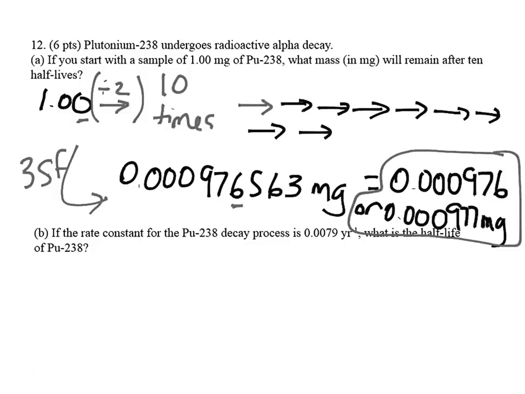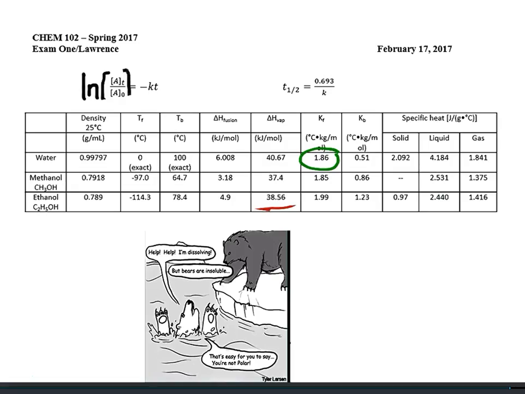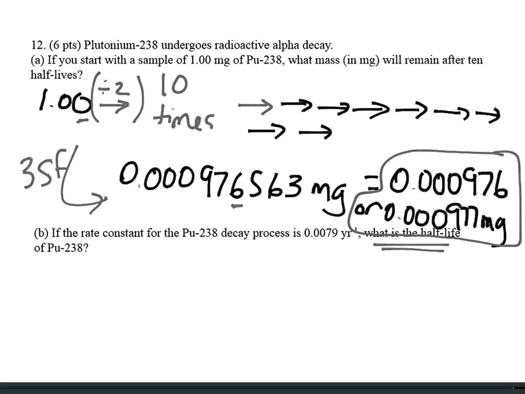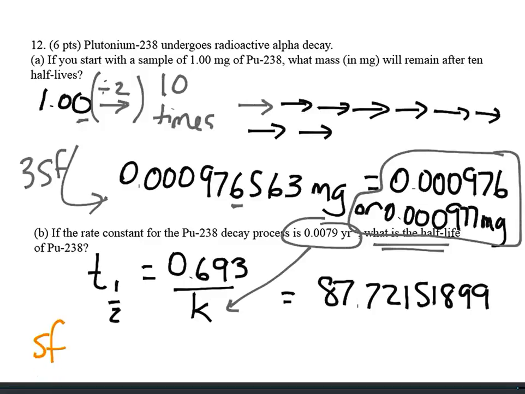Part B, if the rate constant is 0.0079 reciprocal years, what is the half-life? So you need to go back to page 1, and you're going to use this equation for half-life for a first-order reaction. T1/2 equals 0.693 divided by K. You're just going to plug K in down here, and that's going to give you 87.7215. Significant figures. K only has 2 sig figs.